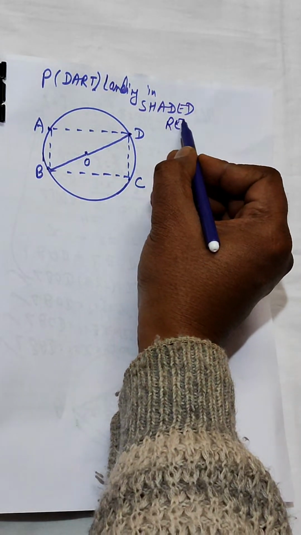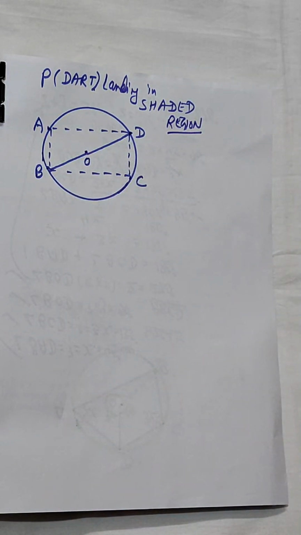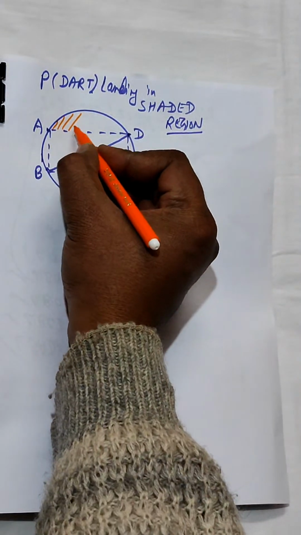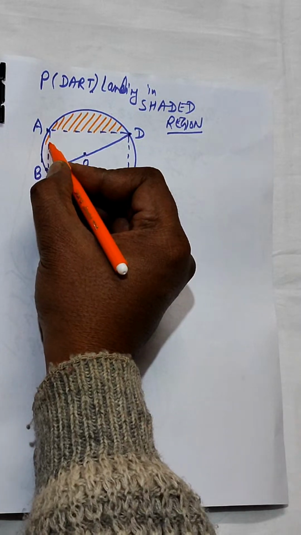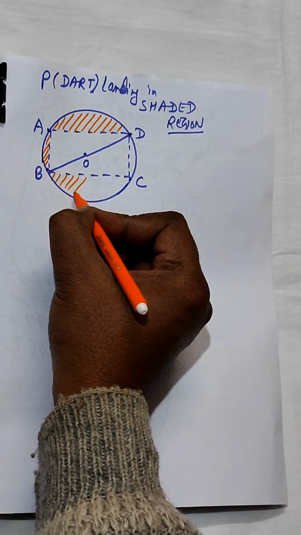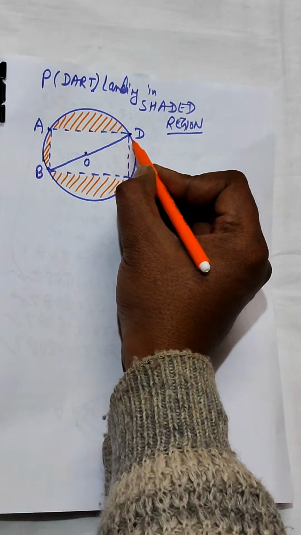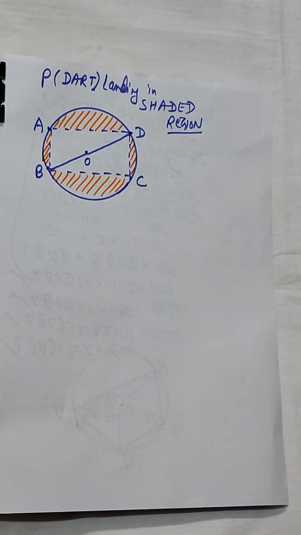So if this is the shaded region, the probability of the dart landing in the shaded region, we need to find.